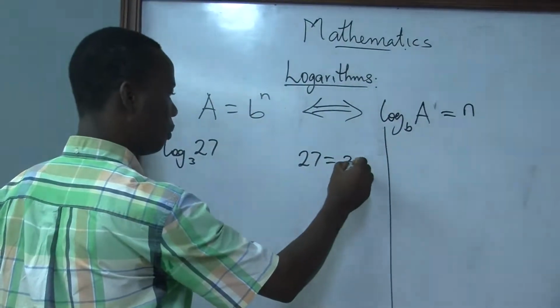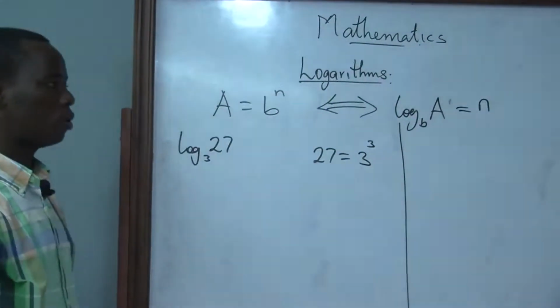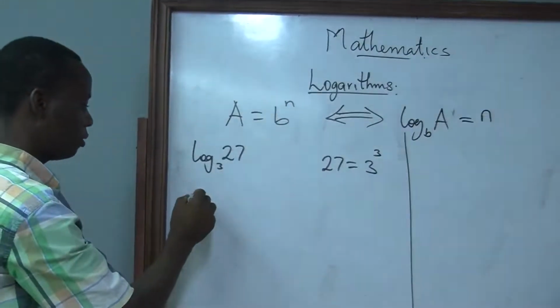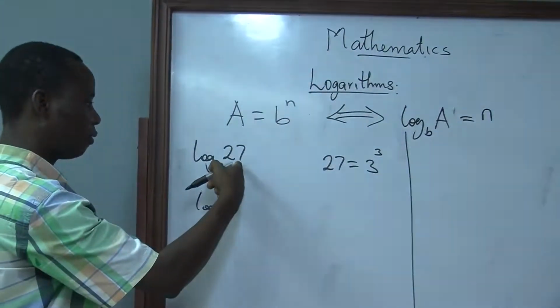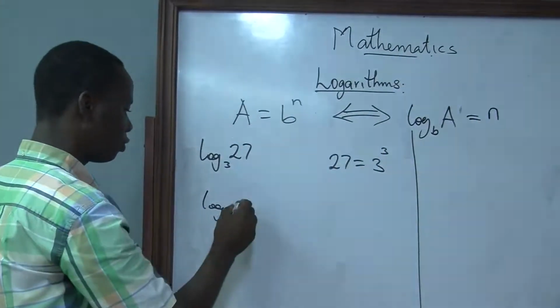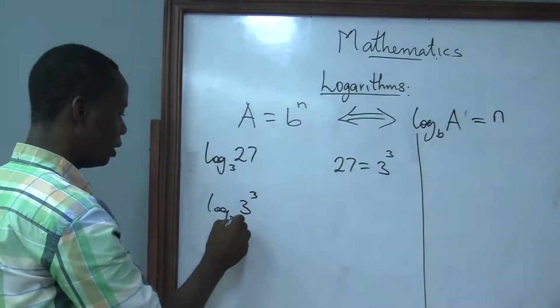That will be 3 raised to the power of 3. 27 is 3 raised to the power of 3. So instead of writing 27, we put 3 raised to the power of 3 there.